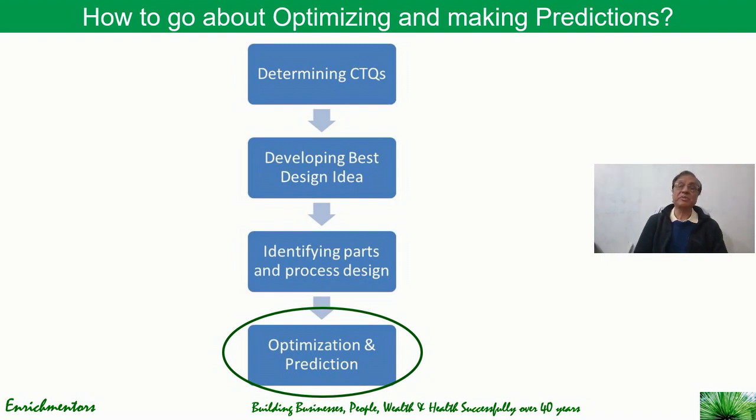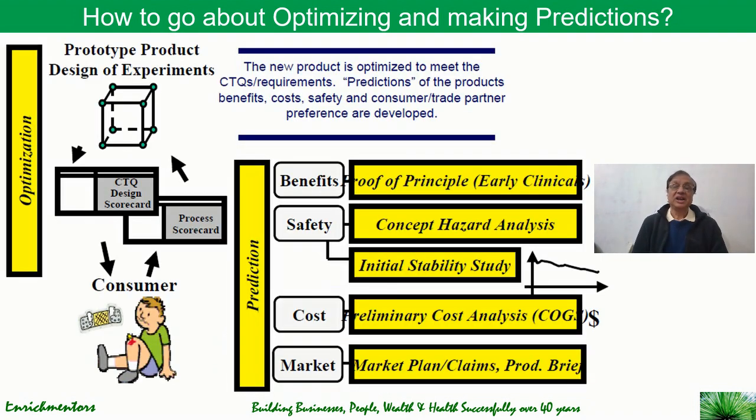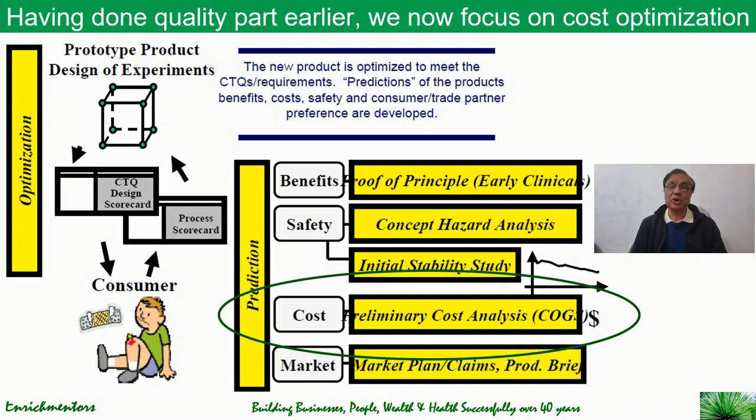In this optimizing and prediction, we have been optimizing the best design idea in terms of the materials and process by using design of experiments, and we have a process scorecard, we have CTQs, and what we haven't done is the consumer validation, which we will do in the next section. And what we have spent a lot of time on is the cost side.